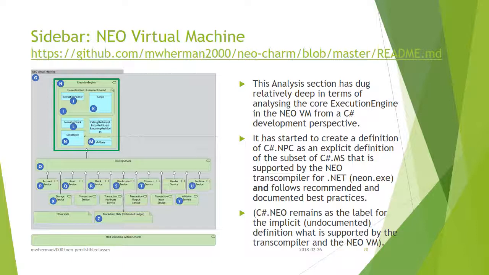That's the subset of C#.MS that is supported by the Neo transcompiler for .NET. And it follows recommended and documented best practices that you'll find in this document. C#.Neo remains the label for the implicit or undocumented definition of the version of C# that's supported by the transcompiler.